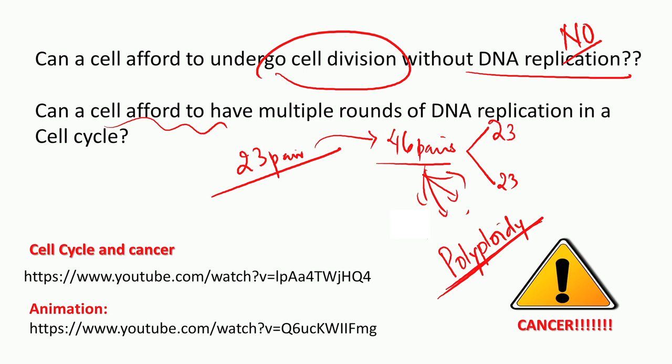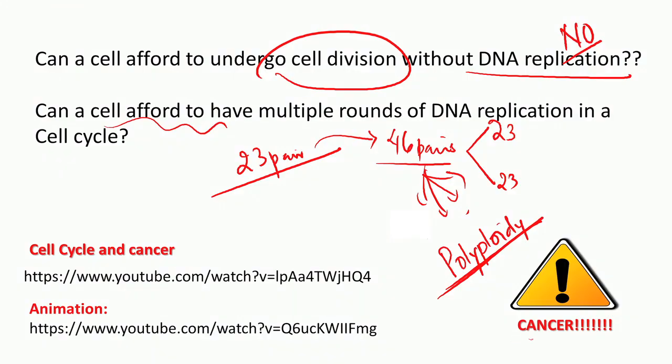So, naturally, if the cells are not able to regulate their cell cycle properly, we will have a lot of diseases happening in our body, and one classic example is cancer. Now, these are cells which just lose that control of restraining themselves if damages have happened and destruct themselves.